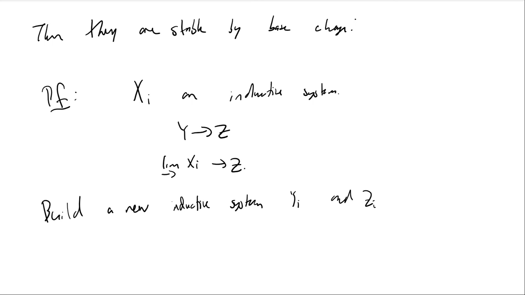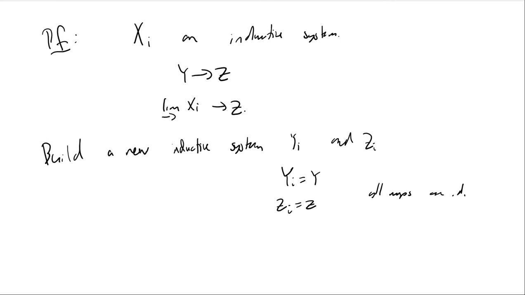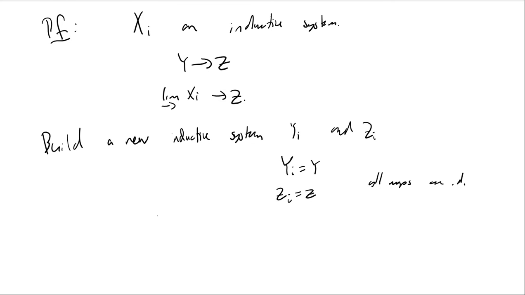But whatever these guys are, it doesn't matter as long as it's an inductive system. And every yi equals y, every zi equals z, and all maps are the identity. So this setup enables us to write the following expression meaningfully.